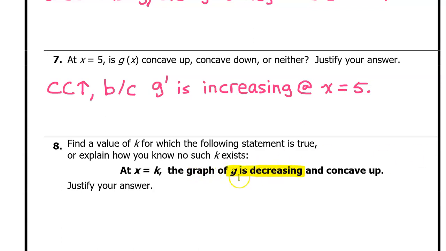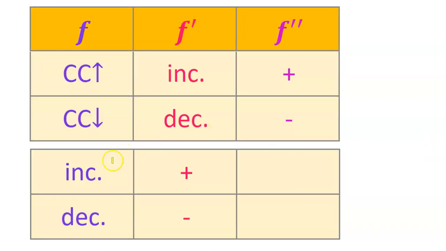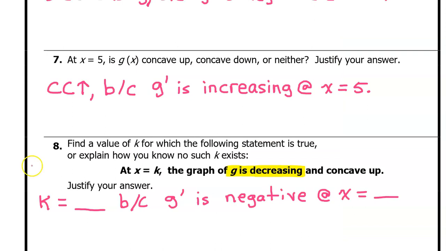Under what circumstances will g be decreasing? Well, they're asking us about g, but we have to base our answer on g prime. So g will be decreasing when g prime is negative. So we write k equals blank because g prime is negative at x equals blank.